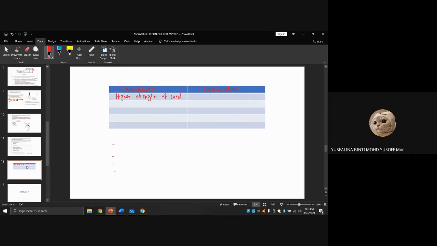Because more elastic potential energy. No. Others, actually for 4M. Any idea? Or should I call someone to give the answer?